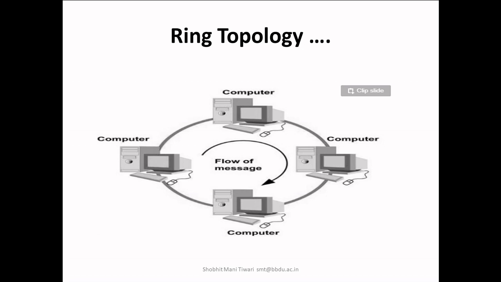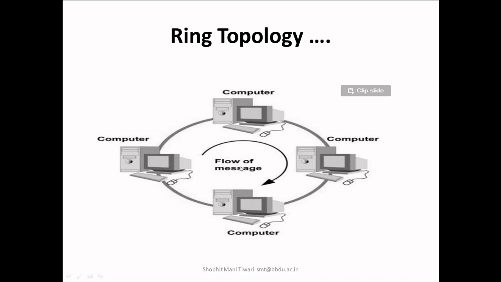Now, come to the ring topology representation. As the name suggests, and we already studied, various devices will form a ring kind of network. Here we can see 4 computers connected in the form of a ring. The message flow or transmission of flow is one way.